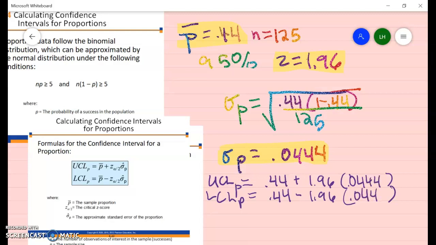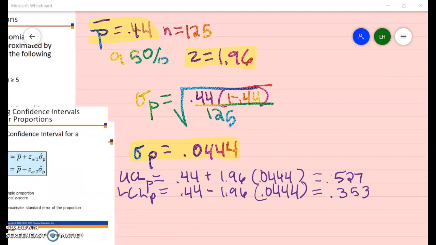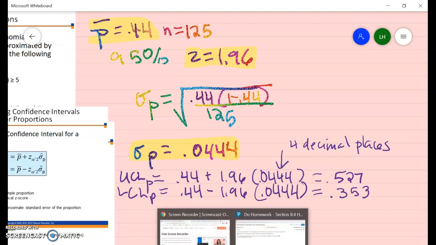So we're going to calculate that in the calculator for upper and lower. So remember that your standard error of your proportion is 4 decimal places on this one. And then the final answer, they want rounded to 3 decimal places.